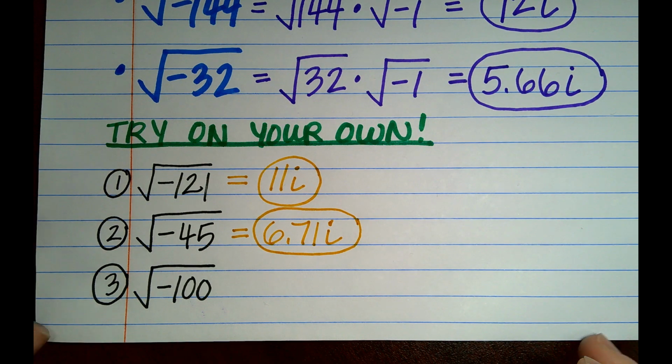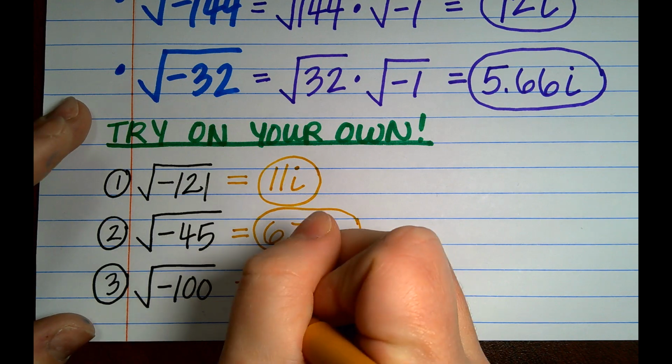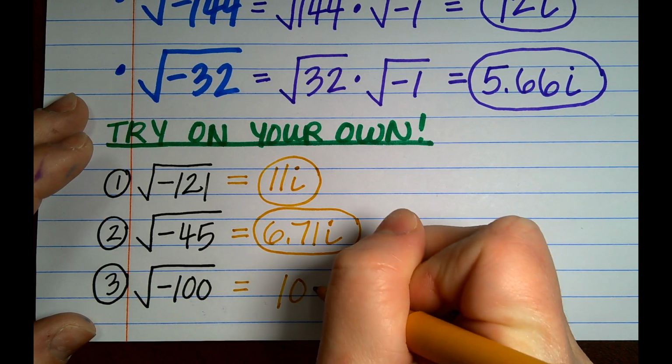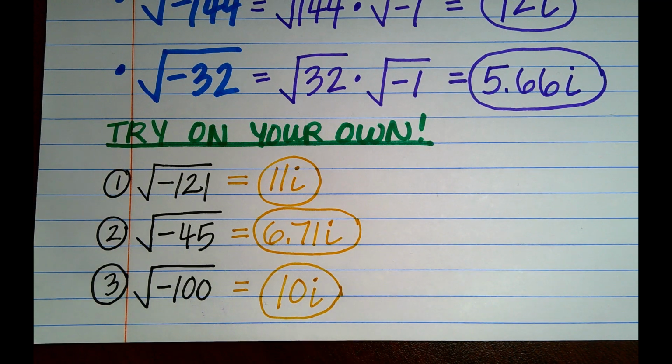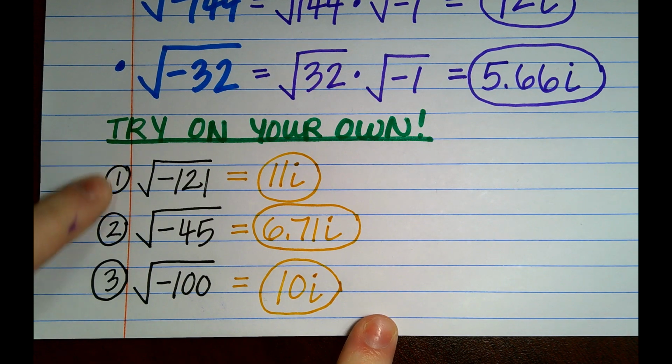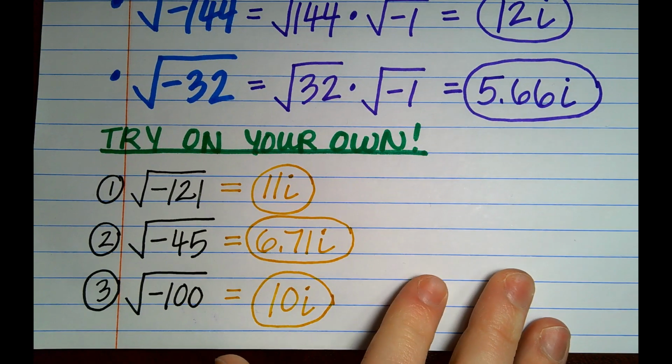And number 3, what's the square root of negative 100? 10i. Good. That is wonderful. So we have now found all these on our own. I think y'all got this.